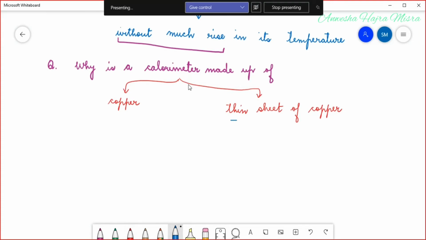Now when the question is why is it made of thin sheet of copper, now Q is M into C into theta. When we talk about thin, that means mass is less, and C of copper is also less.